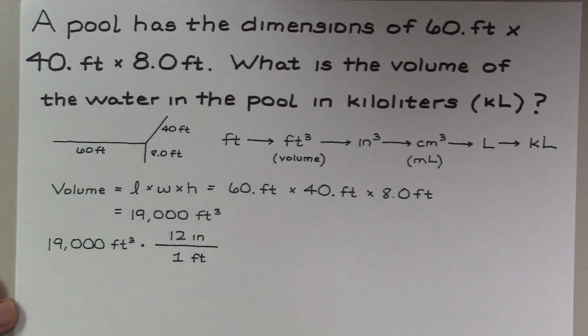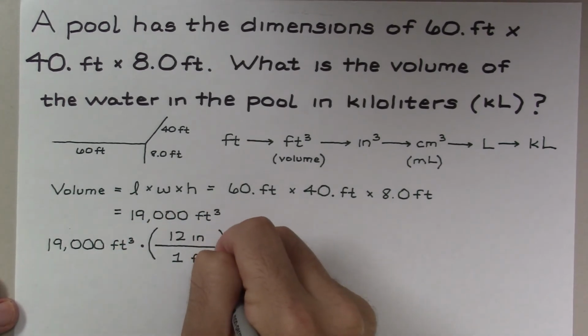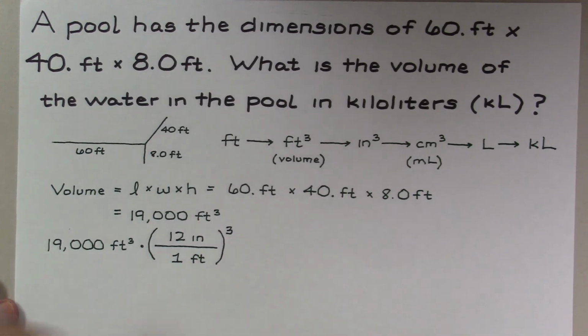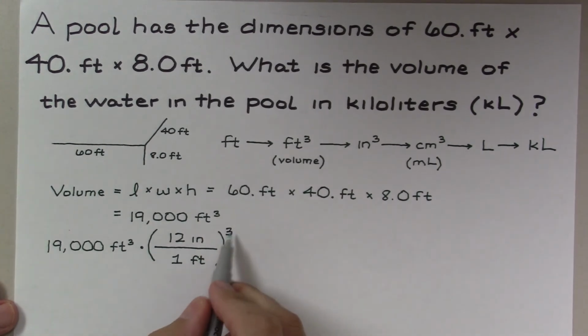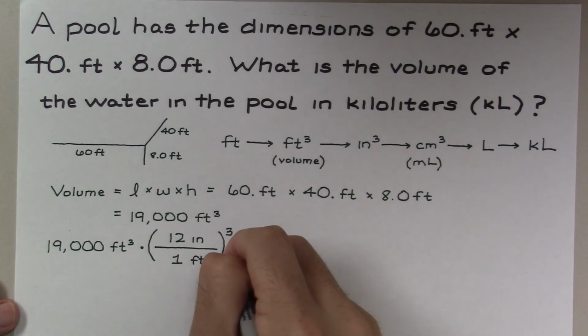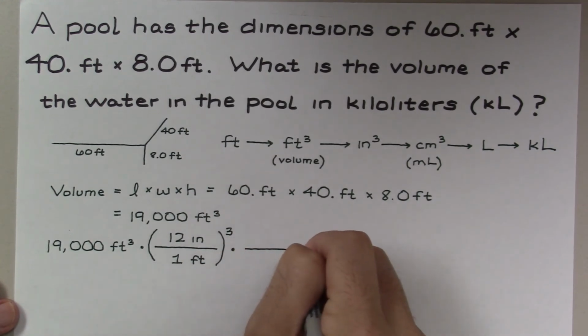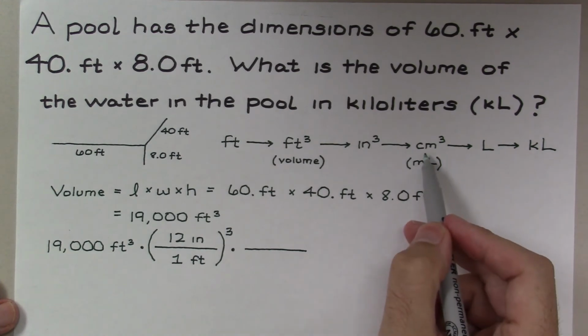We need to cube the entire unit factor. So I will put it in parentheses and put it as cubed. This will make it as inches cubed and feet cubed. It is important that you not only cube the number, but also the unit as well. So it will be 12 cubed, inches cubed, and 1 cubic foot.